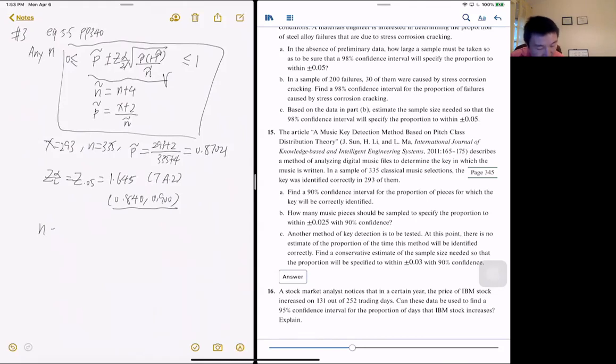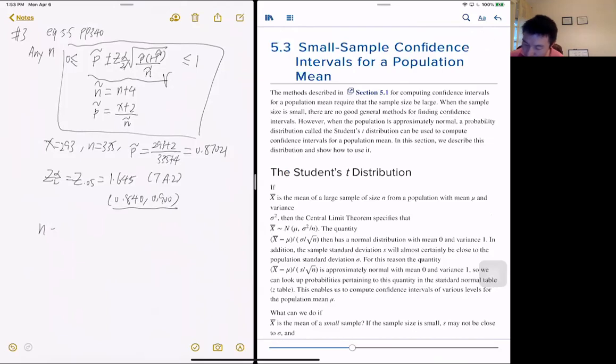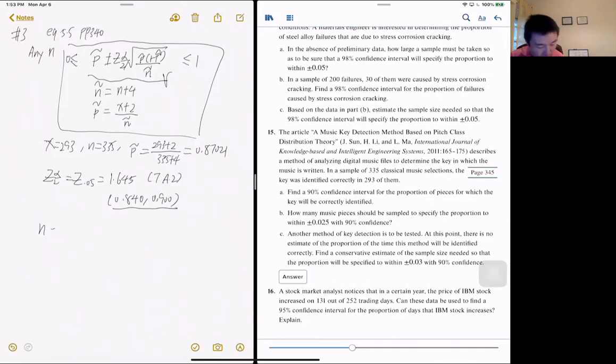So we want to find out the n. It said within 0.025.